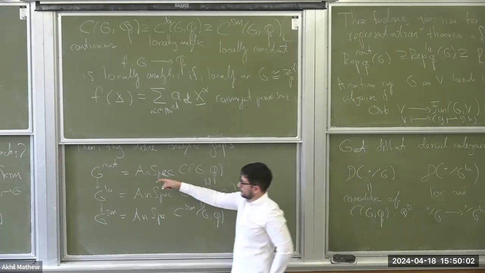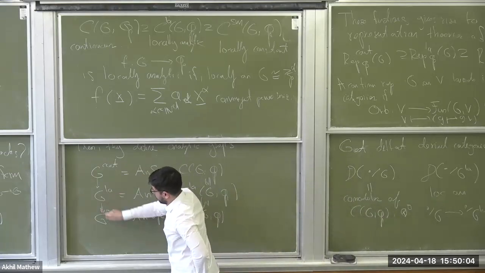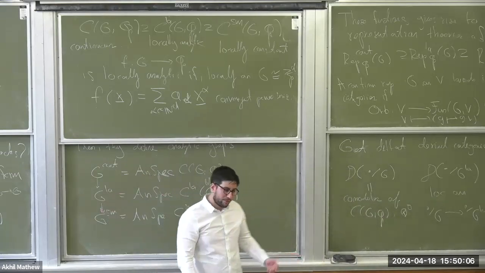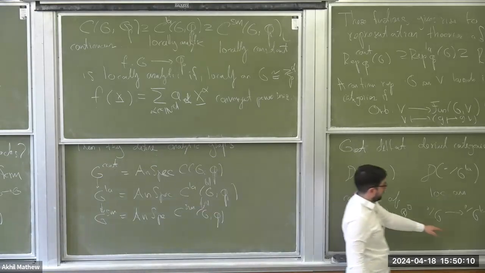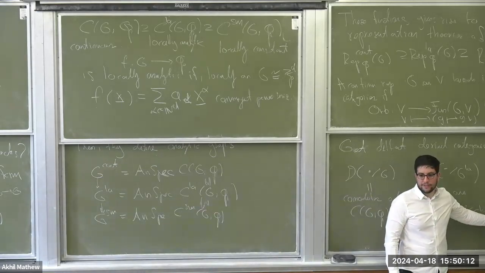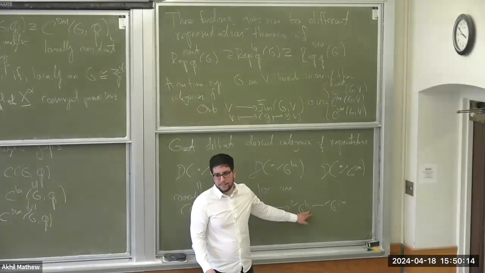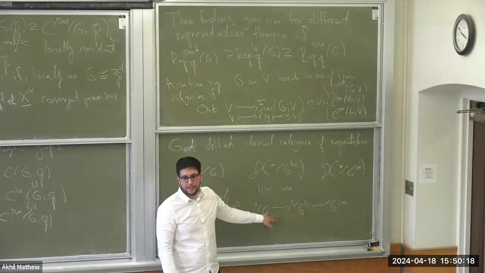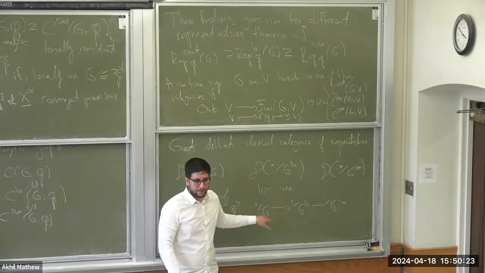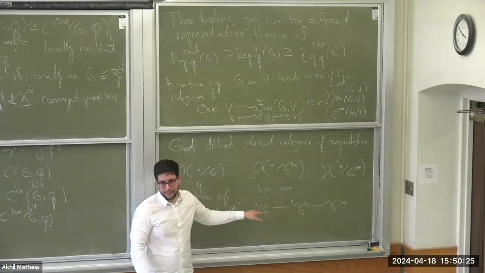A way to remember this is, at the level of stacks, if you have a smooth representation, you can forget the structure of being smooth, and any smooth representation is local analytic. And if you take a pullback, any local analytic is going to be continuous. So the pullback still matches the fact that continuous maps to local analytic.